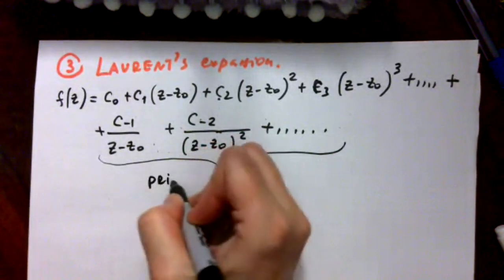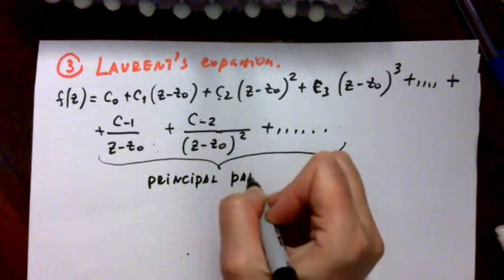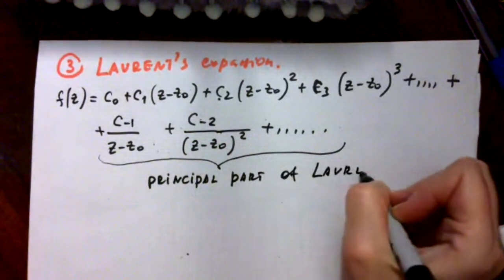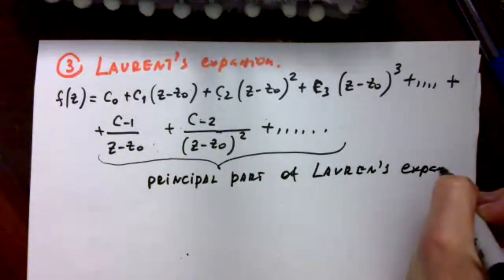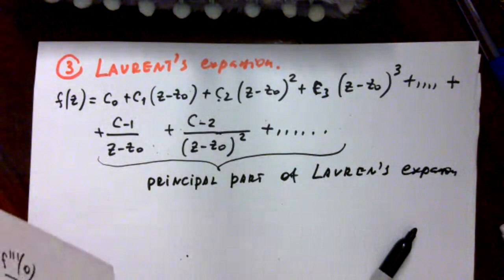This is the principal part of the Laurent expansion. So it's super important. And why, you will find out in our next tutorial, tutorial 12, which is the last in this semester. But now we are supposed to talk only about Laurent expansion.